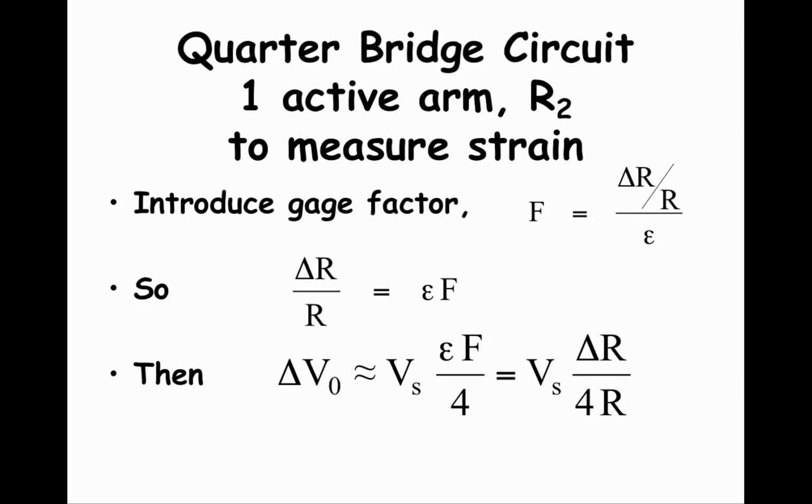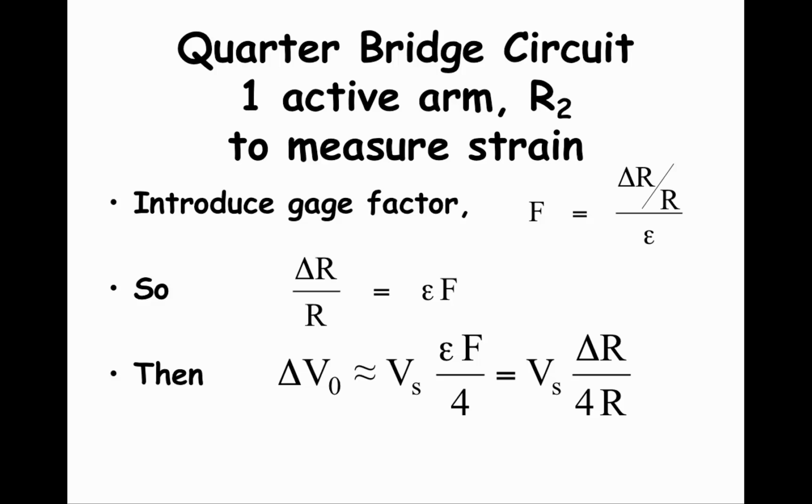Now we recognize that delta R over R is part of the gauge factor term. So we can write that it can be equal to epsilon times F, where epsilon is strain and F is the gauge factor. Then we get that the change in output voltage from our Wheatstone bridge circuit with one active arm is approximately equal to Vs times epsilon times F divided by 4.